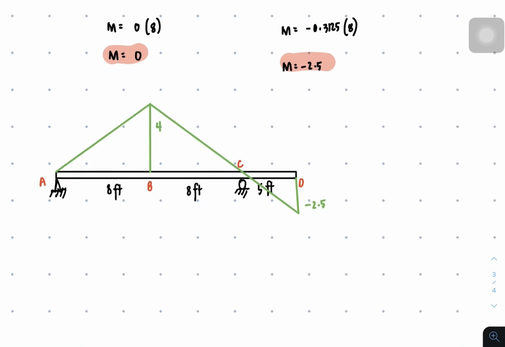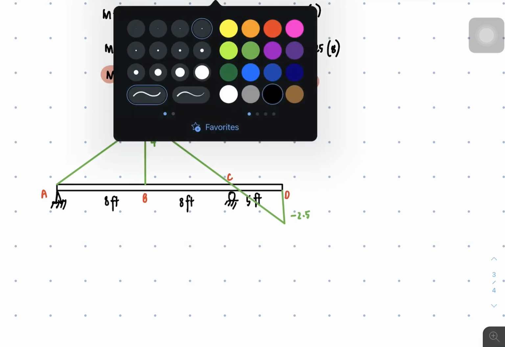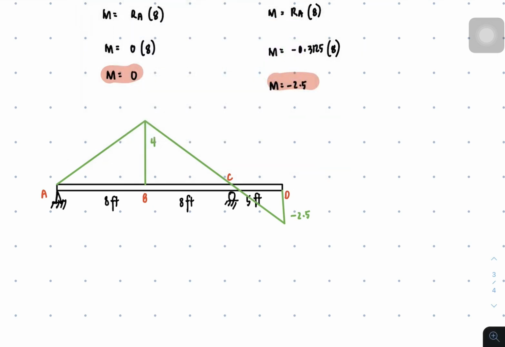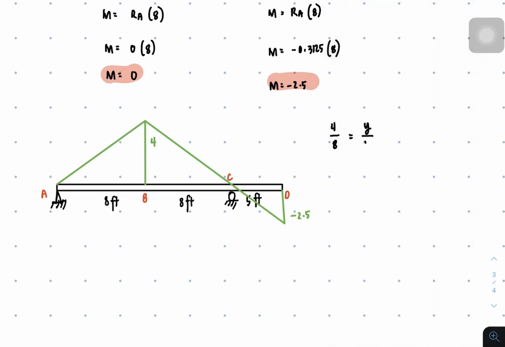If you're not really sure about your answers, like this one, you can basically check that by using ratio and proportion. So you have 4 over 8. I'm using this and this one, and for example you're not sure about it, so you call it y, and the distance is 5.